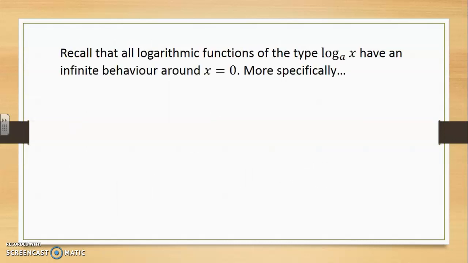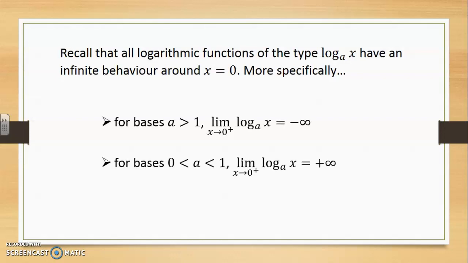Recall that all logarithmic functions of the type log in base a of x have an infinite behavior around x equals 0. More specifically, for bases where a is greater than 1, approaching 0 from the right will tend to make log in base a of x tend towards minus infinity.